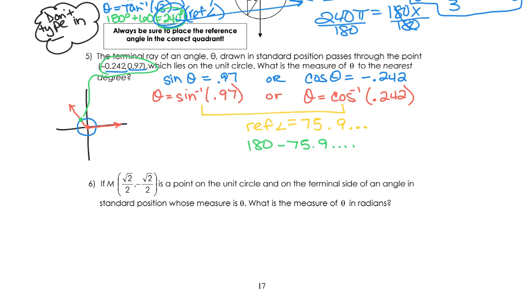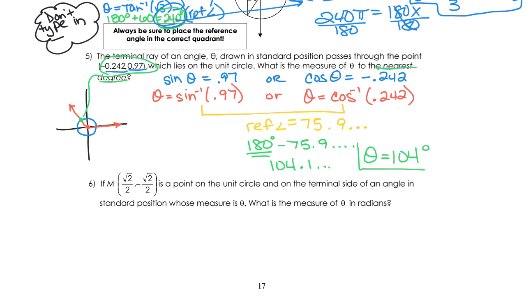Remember, reference angles always use the x-axis. That's why we're using 180 degrees, and the same thing in the last one. And when we type that in, we end up with 104.1 degrees. And since they said to the nearest degree, that's going to be 104 degrees, and that's the value of theta.